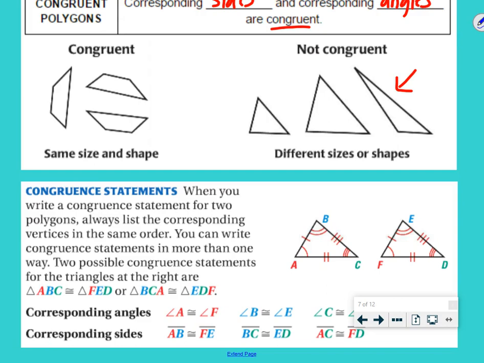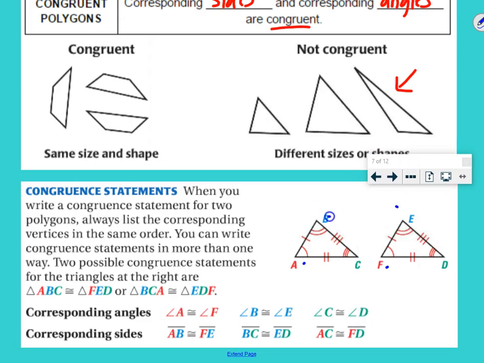We would say that the corresponding angles are A and F, B and E, and then C and D. So we would call it triangle ABC, and then to correspond, we'd have to call it triangle FED. They have to correspond one to the other. Since A is congruent to F, we have to put A first. And then if we put B second, B corresponds to E, so we put E next. And then if we put C third, C corresponds to D, so it has to be listed in the same order.